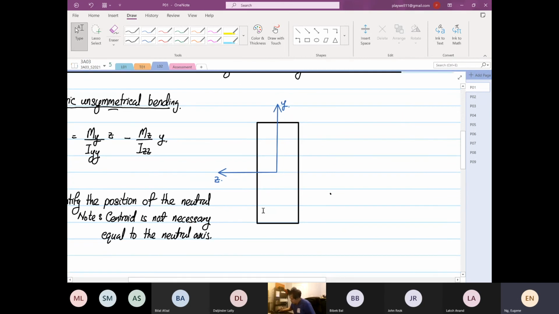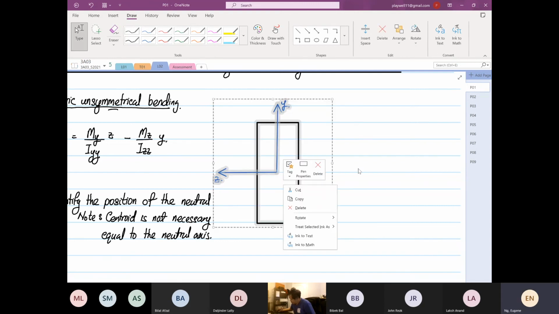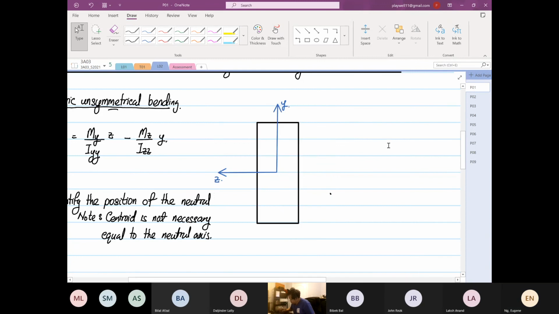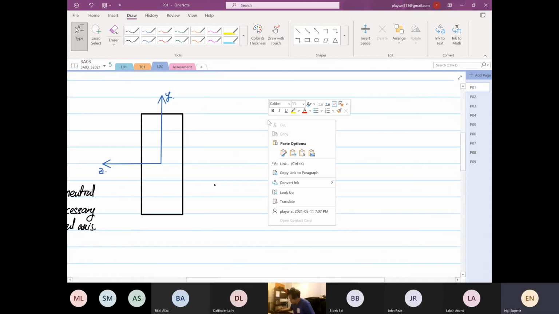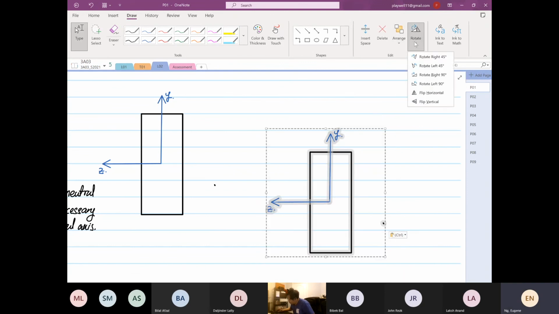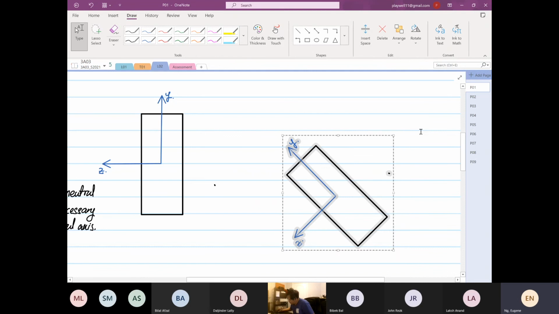Now, an important thing to remind you is this. I'm going to copy this and paste. A good thing to remember is this: I'm going to rotate this by 45 degrees.